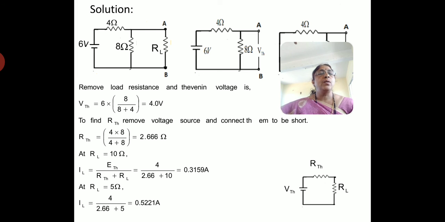And for RL equal to 5 ohm, it is 0.5221 ampere. So in this way, we can easily calculate the current passing through the load for different RL.